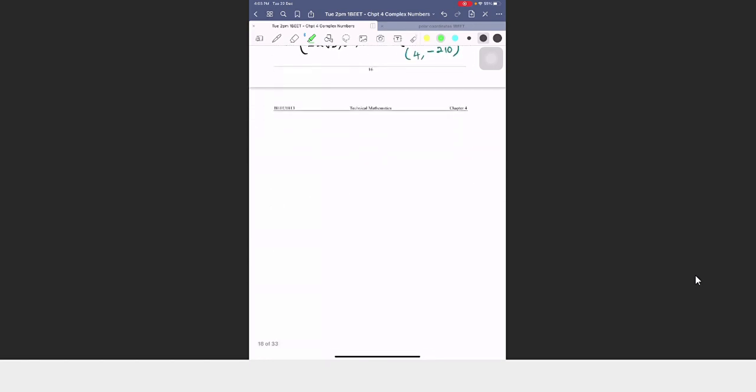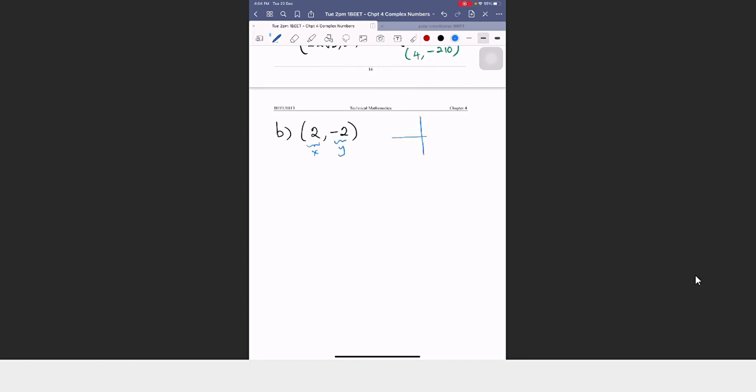Okay, so that means for B, the coordinate is 2 minus 2. This is our x, this is our y.